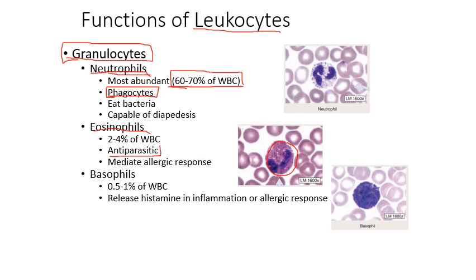Eosinophils are only about 2 to 4%, and even less are basophils, 1% or below. Basophils are not phagocytic, so they don't engulf bacteria. Their main function is the release of histamine and inflammation for allergic response. We'll see this part in just a bit, inflammation, one of the big components of an immune response.